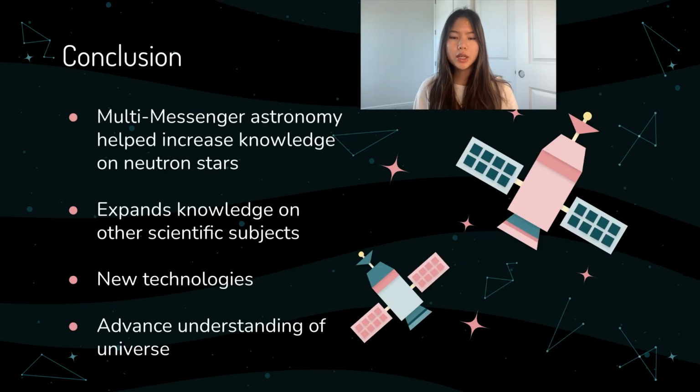So, in conclusion, our knowledge of neutron stars increased a lot with the combination of different pieces of information from multi-messenger astronomy, like electromagnetic measurements, gravitational wave detections, things like that.